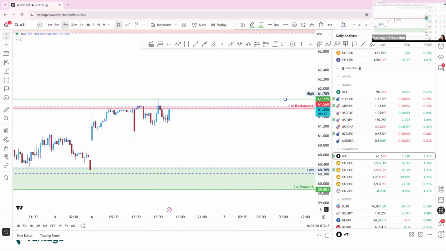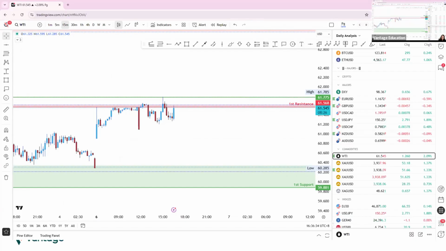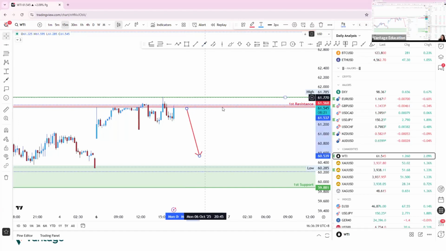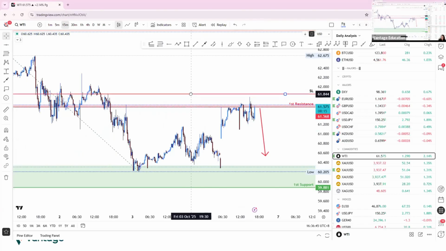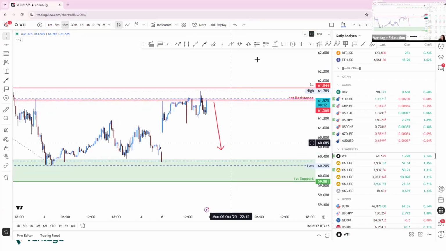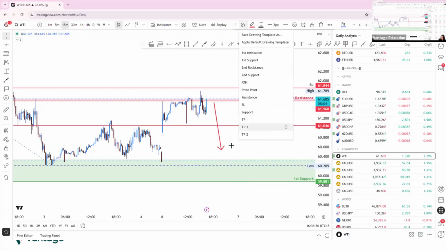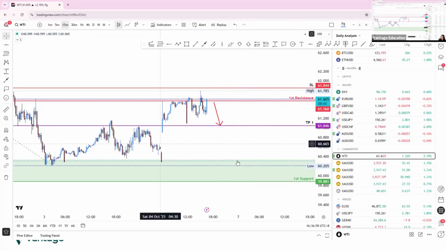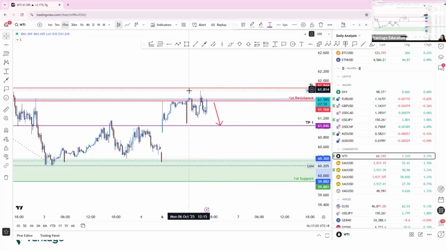You put the stop loss above 61.77. Meaning you sell, SL you put at this level. Then the TP, you would aim for this TP1. So you have a very tight stop loss if you want to trade with this resistance. Likely it might break, so need to take note of that.